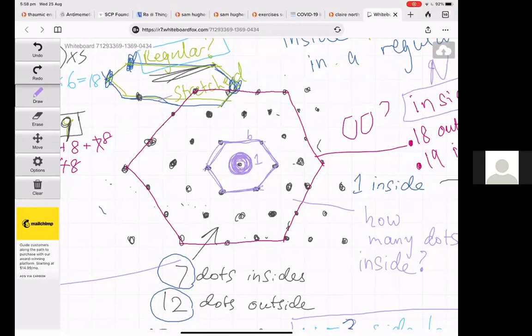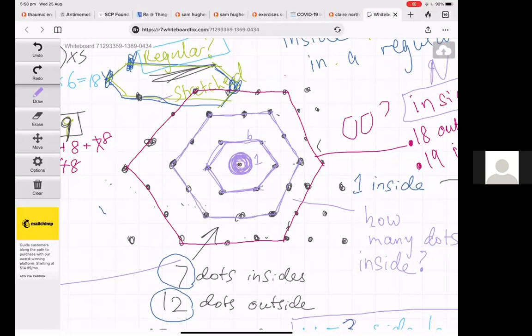Good. Okay, what about this hexagon here? Do you remember our formula? So how do we count it? Wait, no, I mean on the outside. So how many dots are on the outside of this hexagon? Do you remember the formula we just talked about?